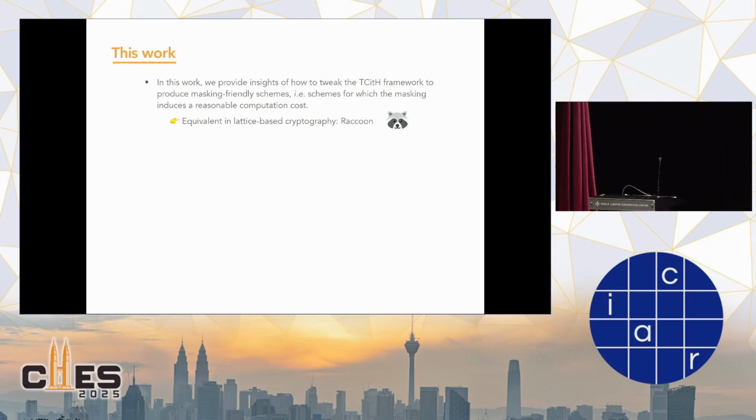As I said, the goal of this work was to provide some insight into how we can tweak the original TCitH framework to obtain signatures for which masking could be performed at a reasonable computational cost. The equivalent scheme in the context of lattice-based cryptography would be Raccoon, which targets the same goal.